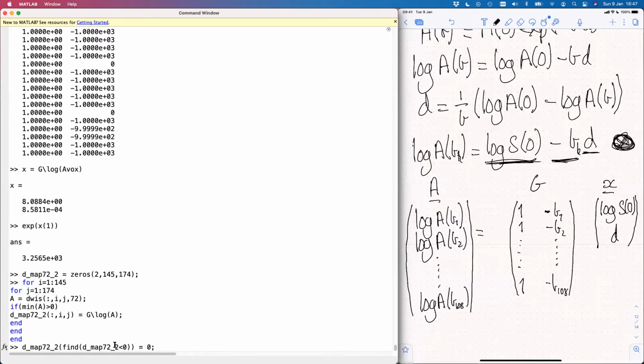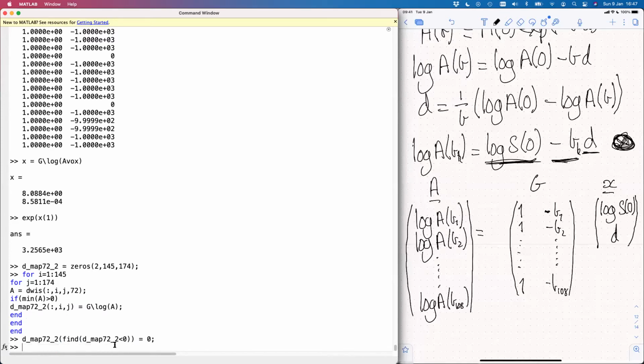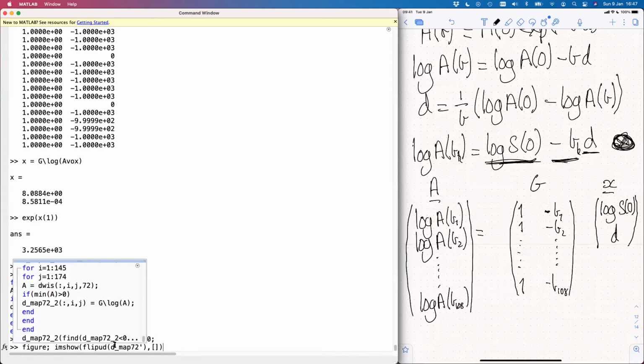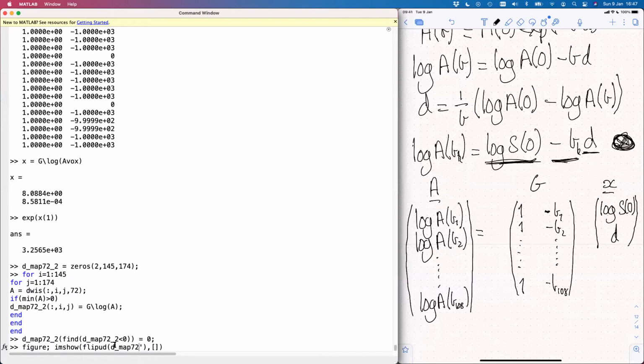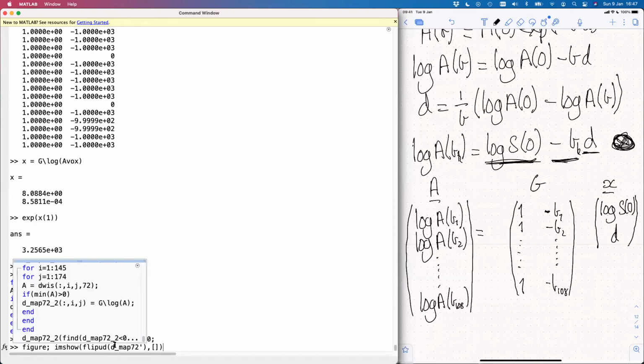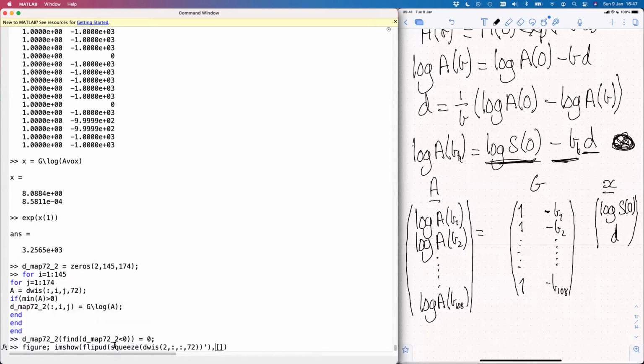So wherever it's less than 0, I'm just going to set it equal to 0. Okay, so now let's have a look at this new one. Actually, we need the squeezes again, don't we? So I want to look at the second element, which is the diffusivity.